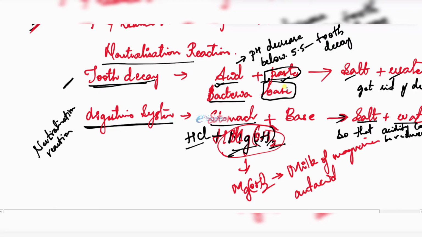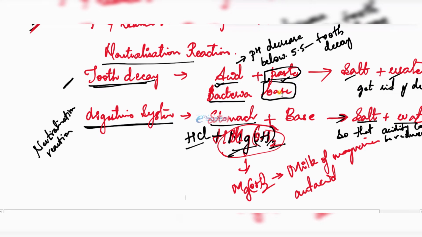By applying a base we can make the reaction neutral, so that tooth decay will get prevented. How can you prevent tooth decay? By using a base. Very good. What is the best example of a base? Your toothpaste. We are applying toothpaste, that is a base. Okay, so what happens when acid and base react? It forms salt and water.